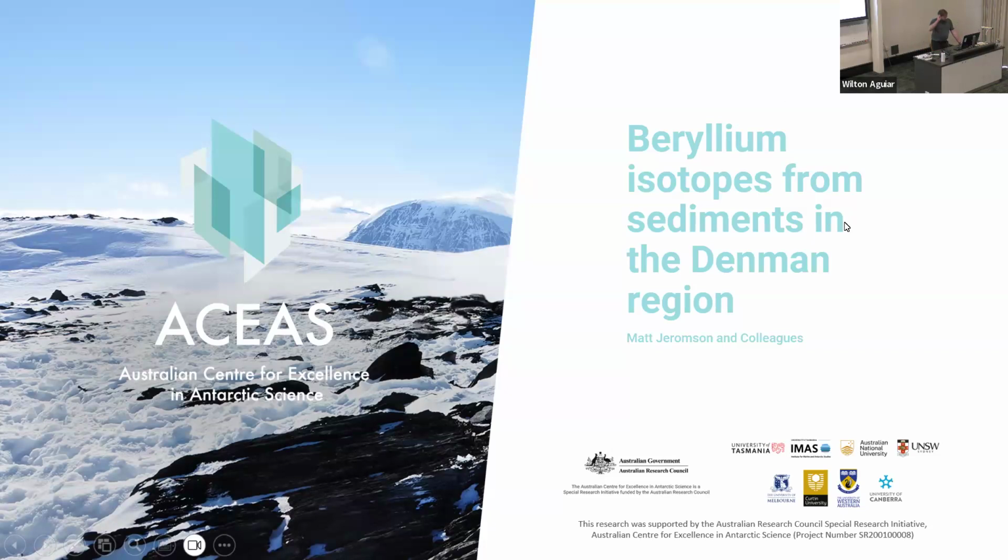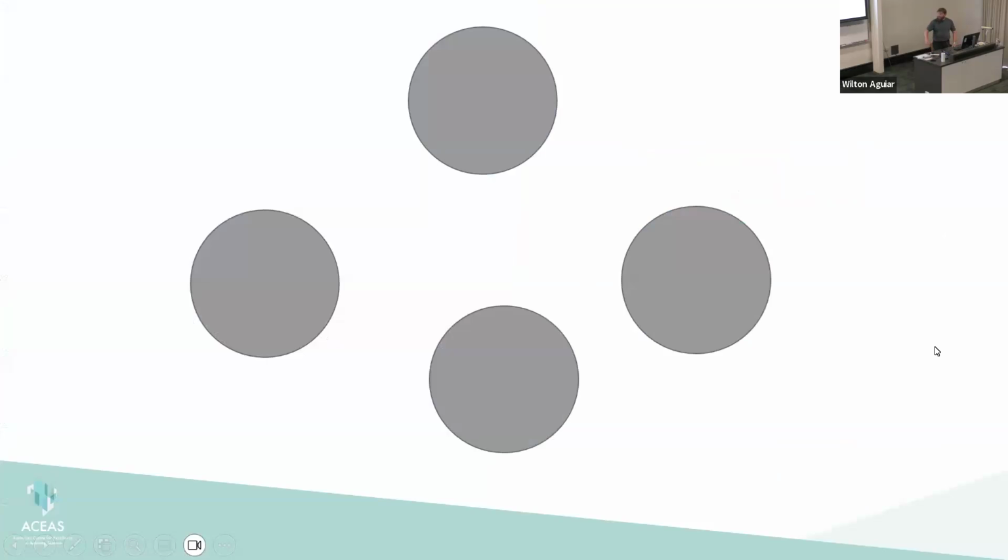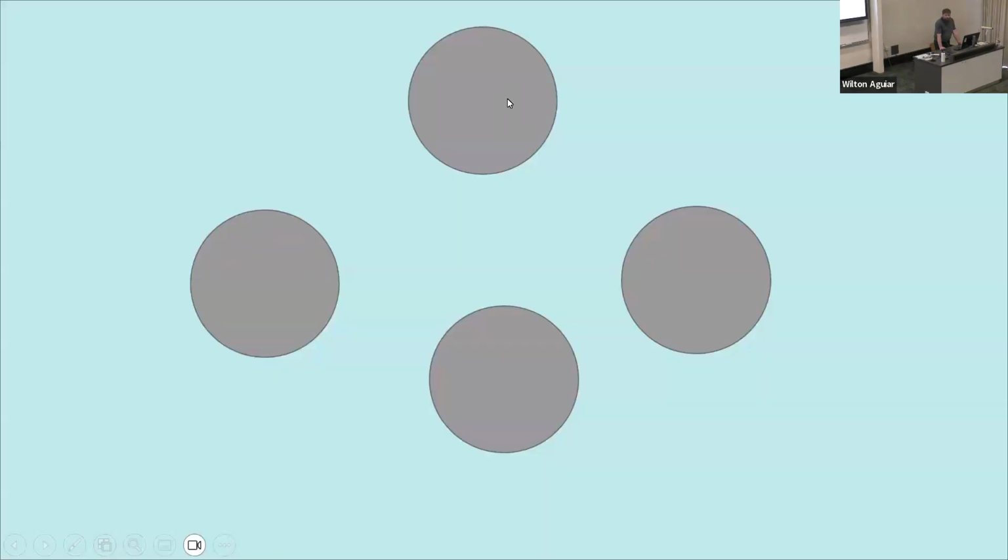So I'm a marine geologist, and more specifically, I work on the geochemistry of sediments around Antarctica, focusing on beryllium isotopes. And we'll just go back to some general concept of how this is a useful tool to use. So these here are sediment particles, and these sediment particles can then be introduced to a water body or, for example, an ocean.